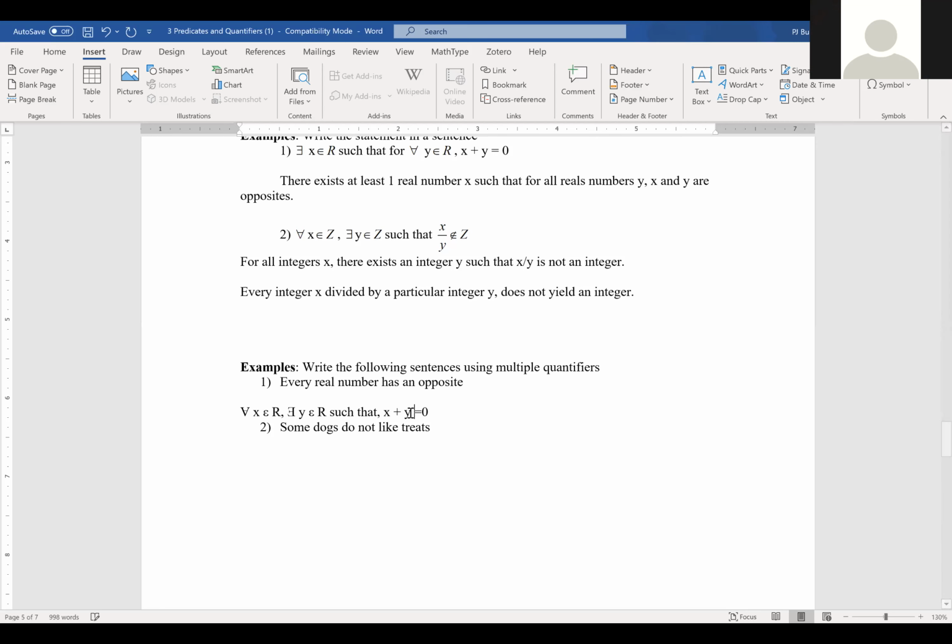Should it say y is in the set R, since it doesn't technically say that in the sentence? It doesn't give you that necessarily in the sentence, so you have to kind of finagle that part of it a little bit.